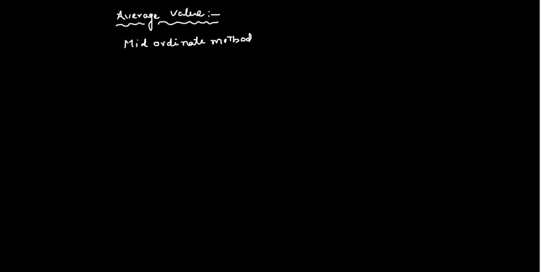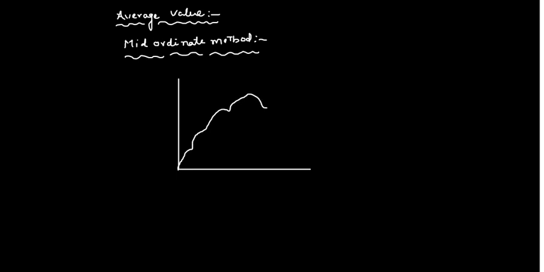By using this method, if you want to calculate the average value of any alternating quantity, we'll consider one half wave here. This is one alternating quantity of half cycle.